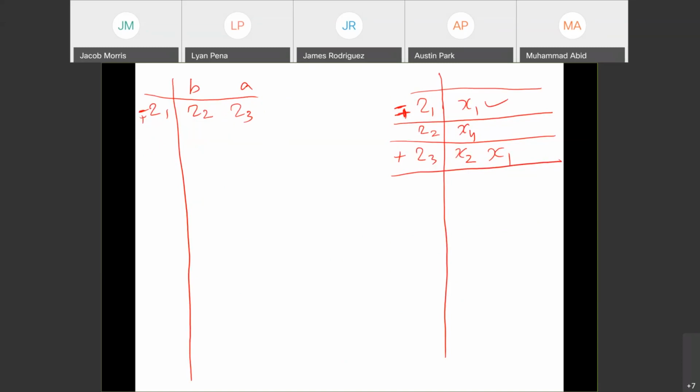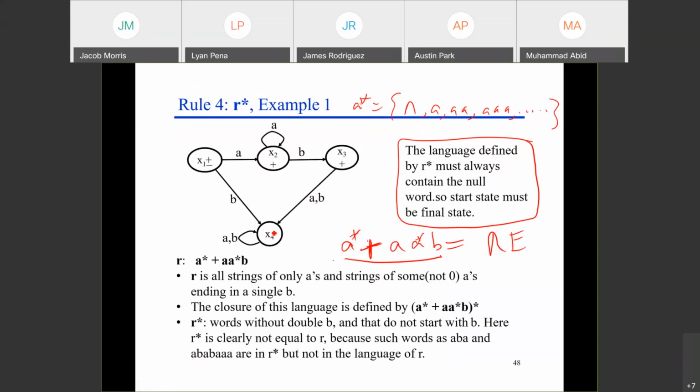Any question here on how we did this? Are we good? Okay. Now we need to look at the second state, z2. When you are at x4 and you receive b as input, you stay at x4, and when you receive a as input, you stay at x4.